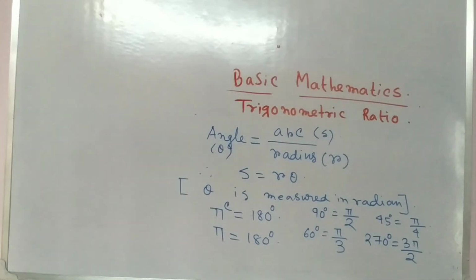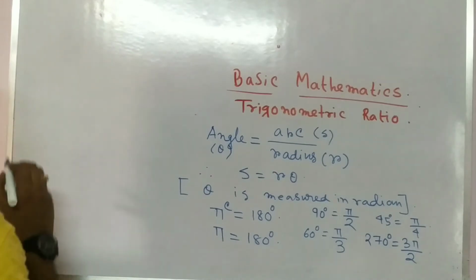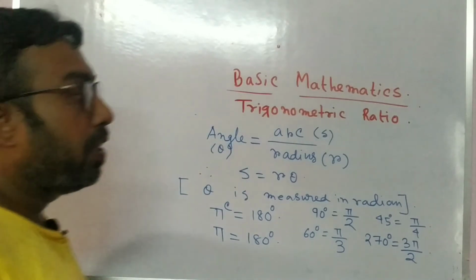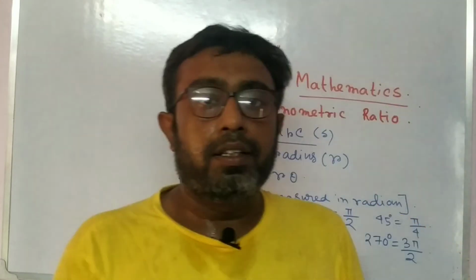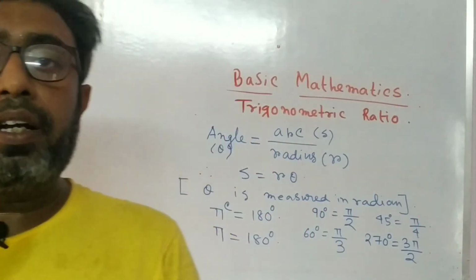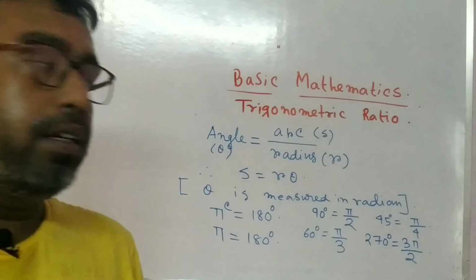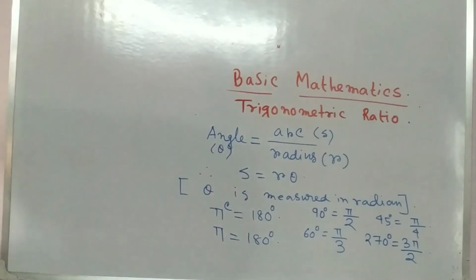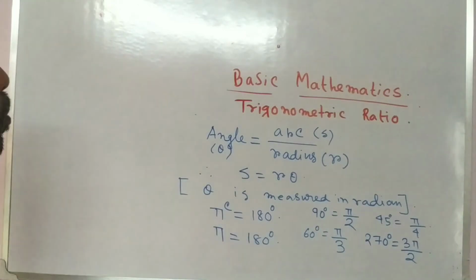And now you need to learn what is positive angle and what is negative angle. In trigonometry there are no limitations of angle. There may be a positive angle or maybe a negative angle. But in geometry there is a limitation of angles. It is 0 to 360 degree.